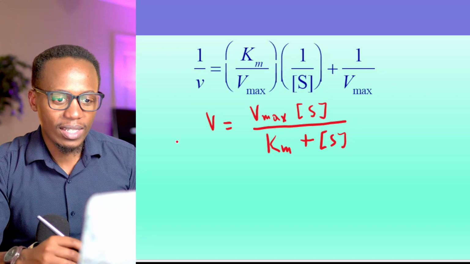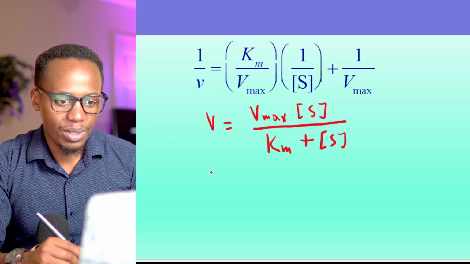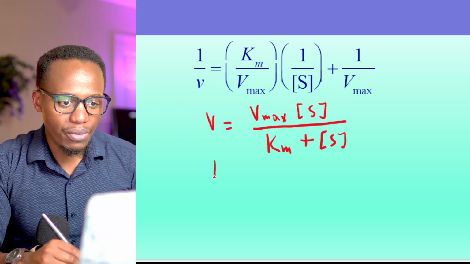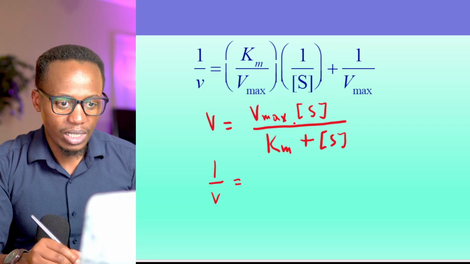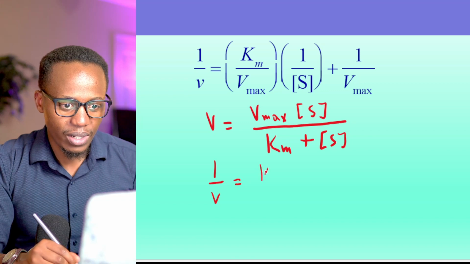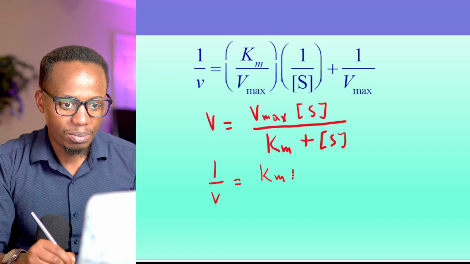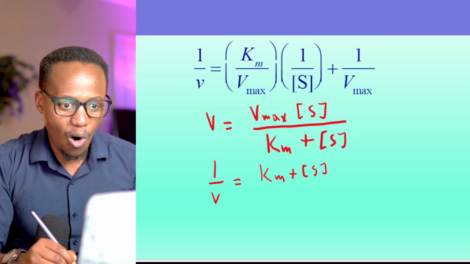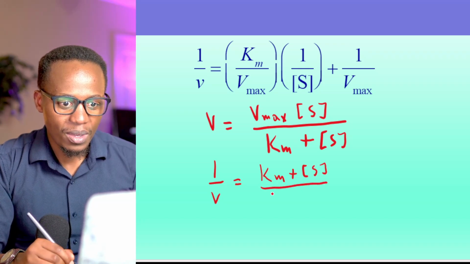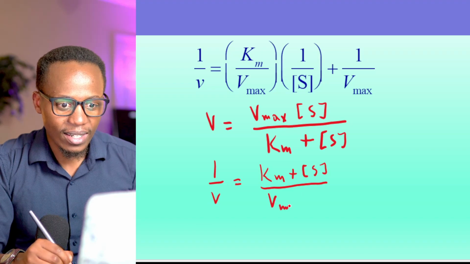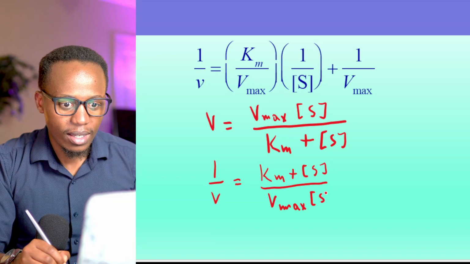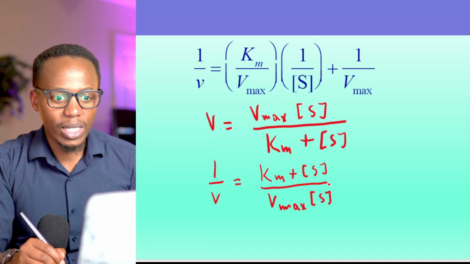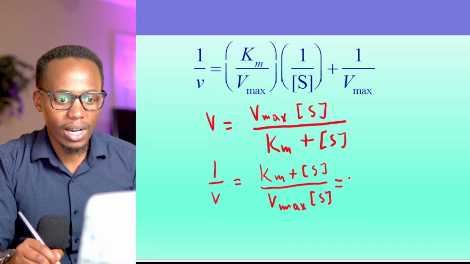If we reverse this, 1 over V is going to be equal to the reverse of this, so it's Km plus S over Vmax times S. And since there's a plus here, we can divide this into two fractions, right?